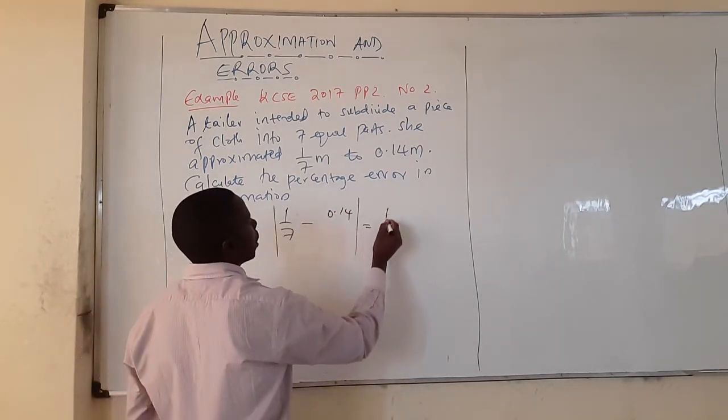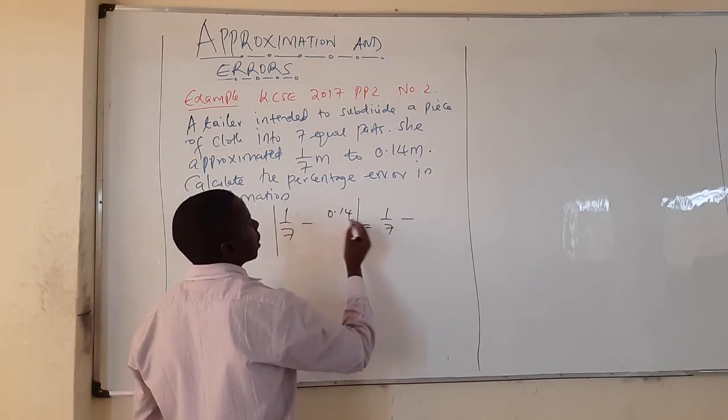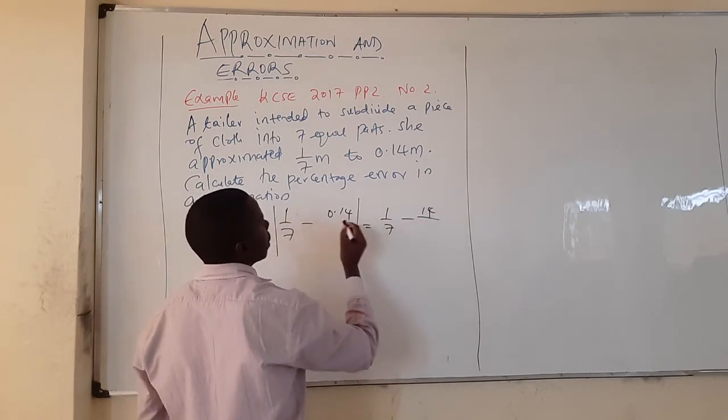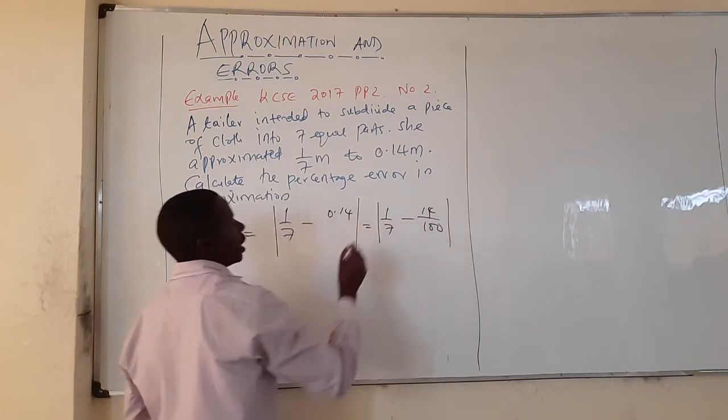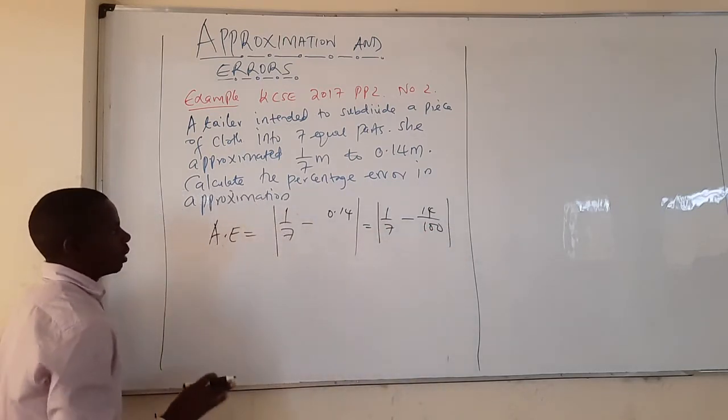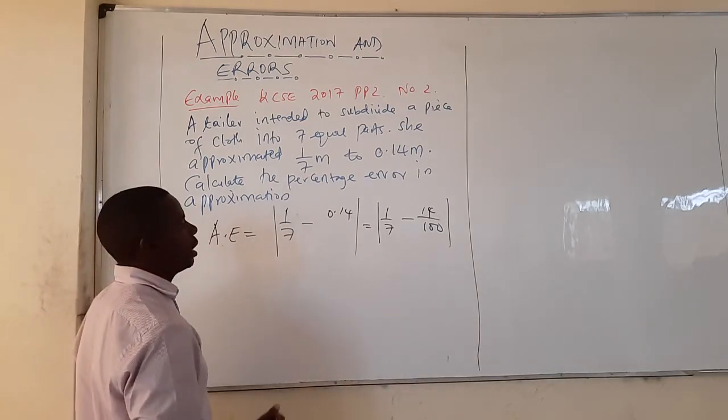So this is going to be 1/7 minus 0.14 in fraction, 14 over 100, the absolute value. Don't consider the sign.